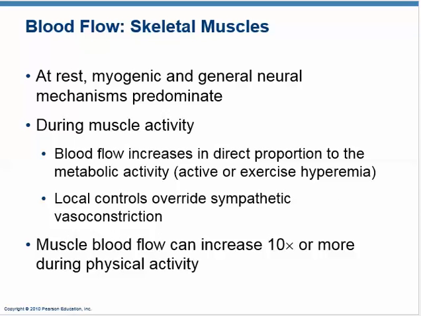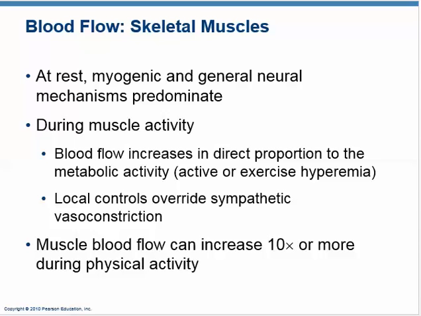So in the skeletal muscles, and this is what really is important, because these are the real hogs of blood flow during exercise. So at rest, really it's the myogenic. Spikes in blood pressure and changes really are dealt with on a second-to-second basis.